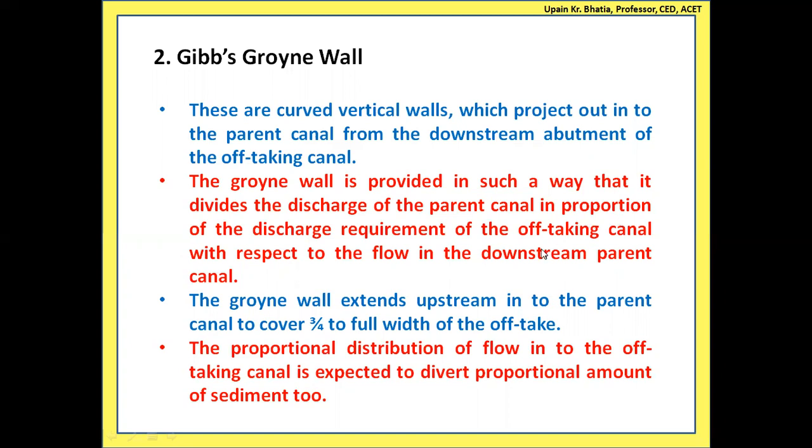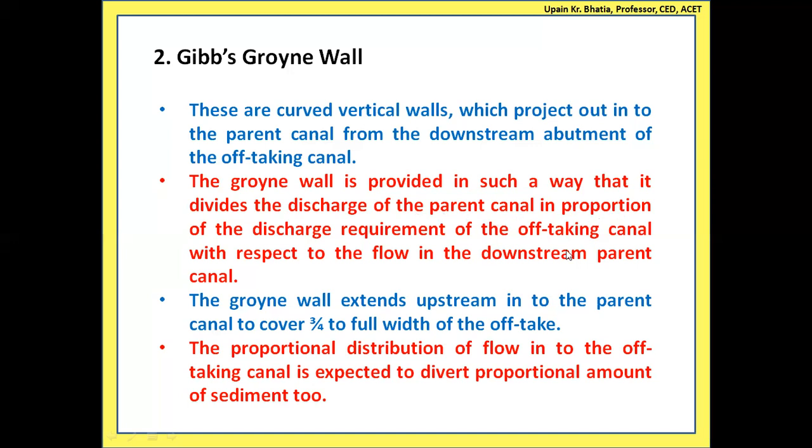In what proportion? Basically, the original parent canal discharge is to be divided. After this diversion, the flow will be divided into two components. One will go to the downstream of the parent canal, and the other will be diverted into the off-taking canal. In these two proportions, we are going to divide the discharge of the parent canal.